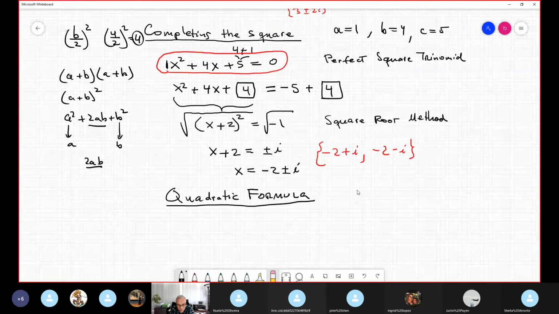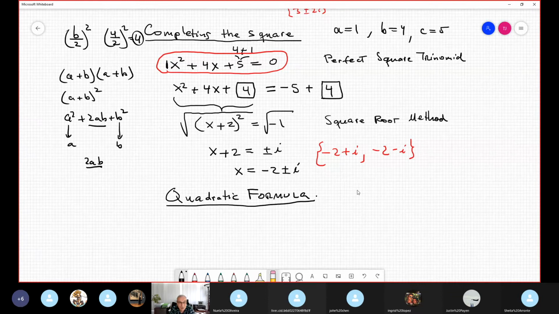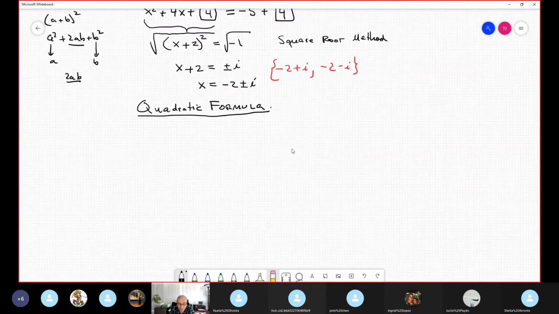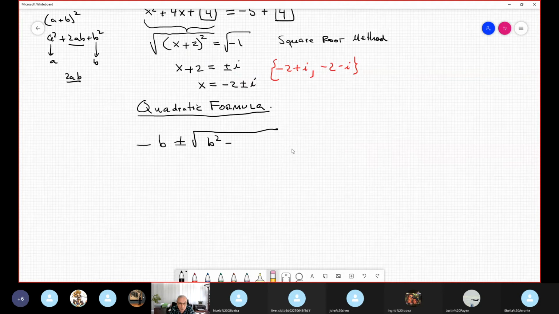Everyone does it that way. Nobody does it by completing the square, no. The quadratic formula is like that: minus b plus or minus the square root of b squared minus 4ac, divided, the whole thing, by 2a. This is my quadratic formula.